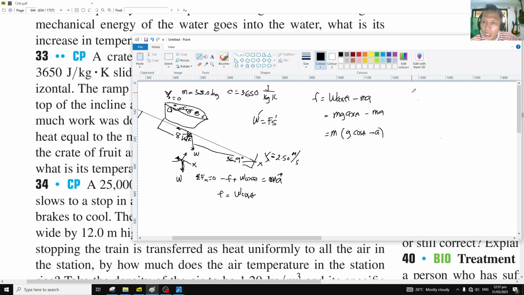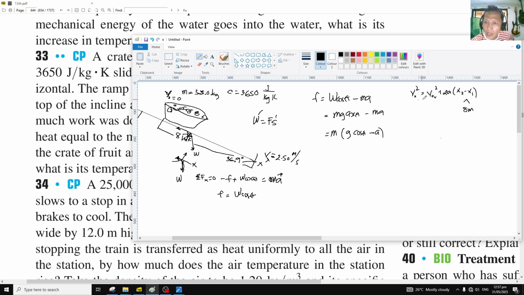Equation number 3: V final squared, or Vx squared, is equal to V0x squared plus 2a times the displacement, x2 minus x1, which is this 8 meters.